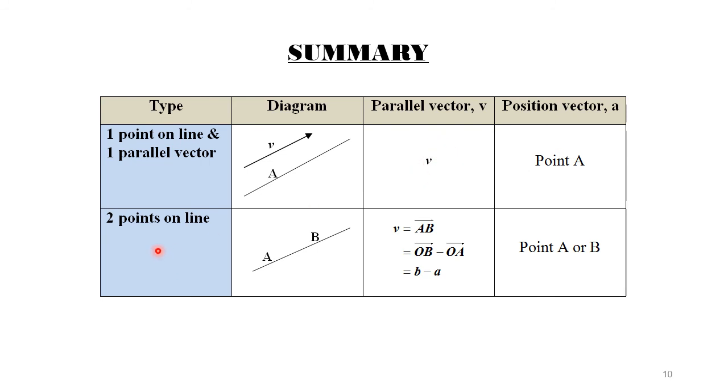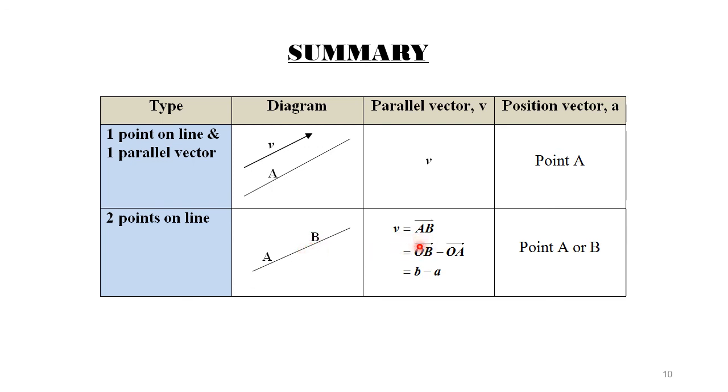Right, so next for the second situation, we have 2 points on the line. So here in this situation, we have 2 points on the line. So since we don't have a parallel vector, you have to find the vector AB. So we will use this vector AB as our parallel vector, which is v itself.